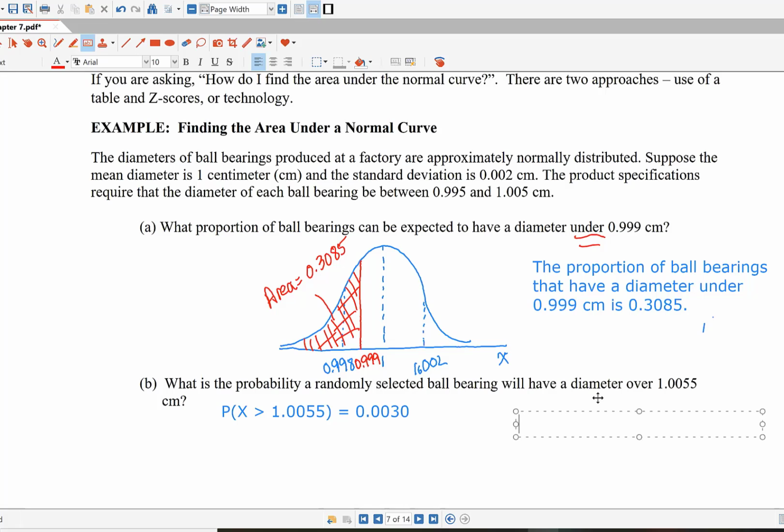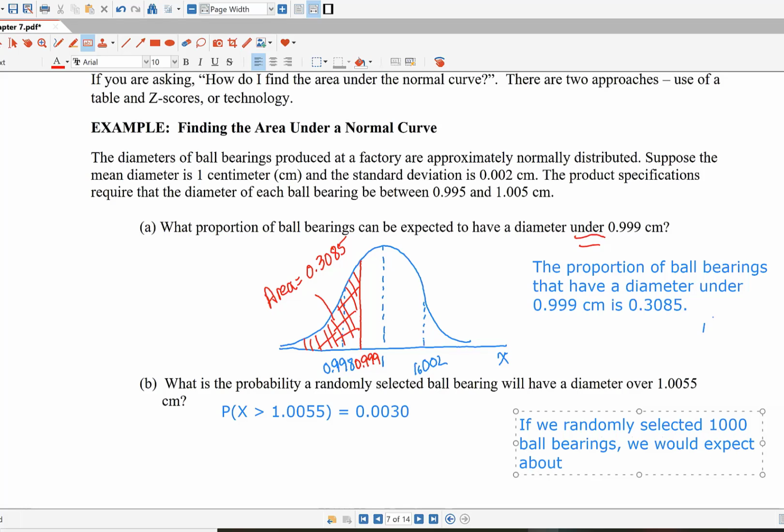And remember, when we interpret probabilities, we do it from a relative frequency point of view. So if we randomly selected, say, 1,000 ball bearings, we would expect about 3 to have a diameter over 1.0055 centimeters, because 0.003.